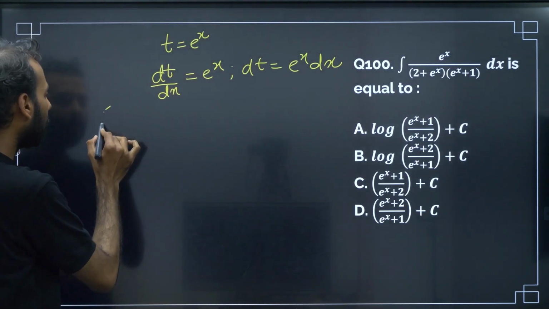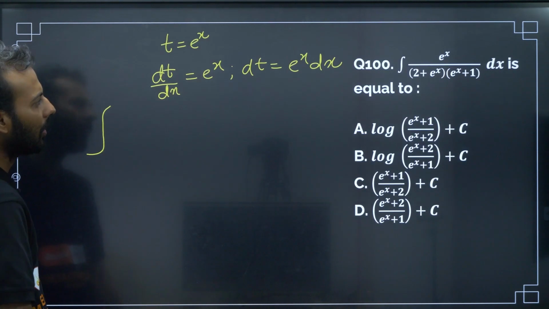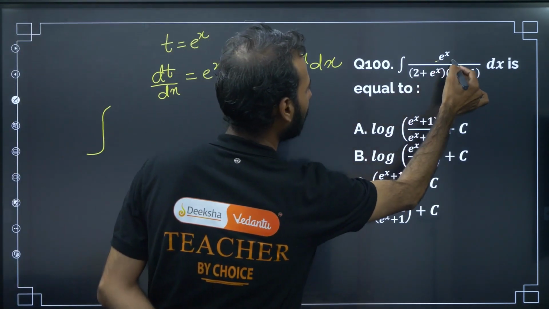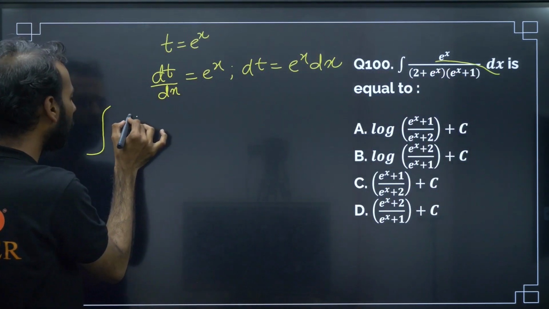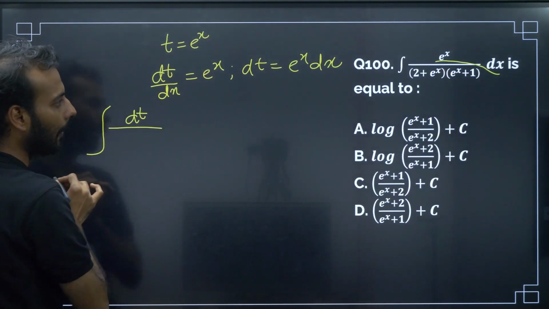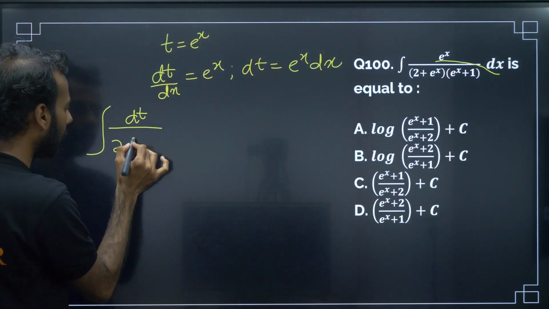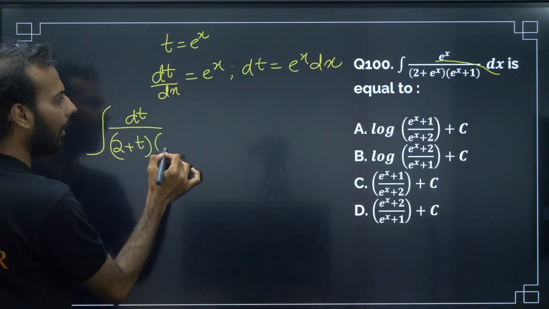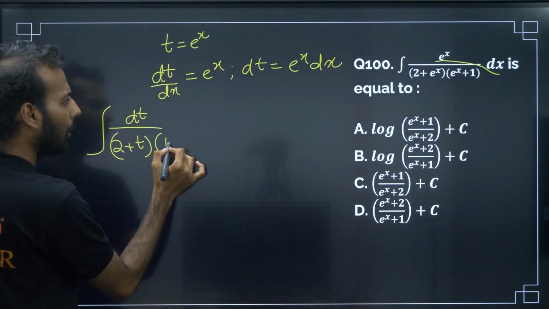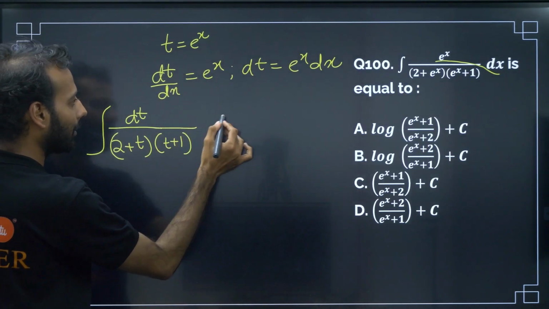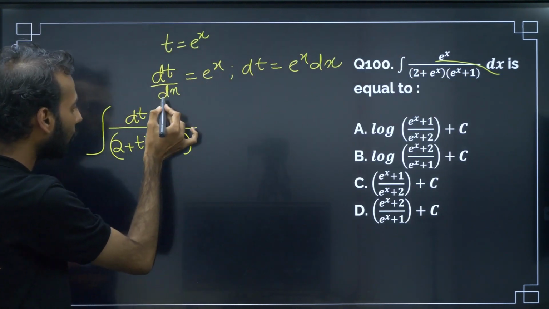Next, integration of e raised to x dx. If you observe this e raised to x dx, here we got its value as dt. So the expression becomes dt over 2 plus t, t plus 1. So that expression has been transformed to this form.